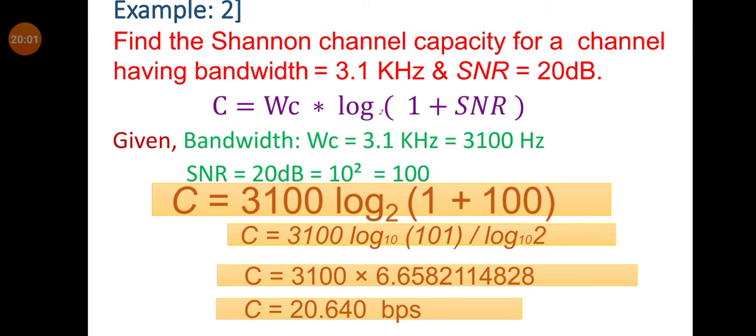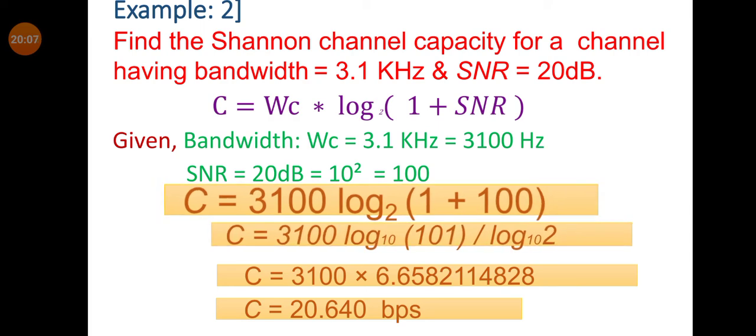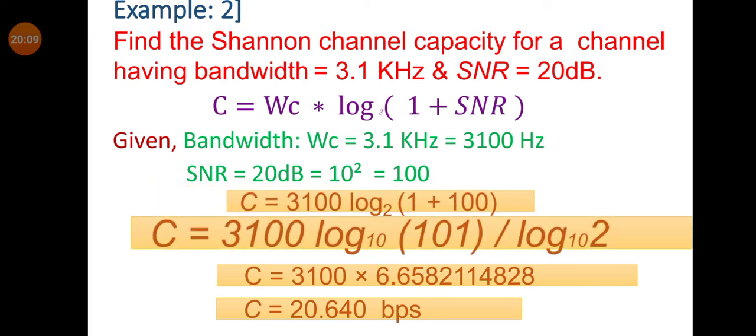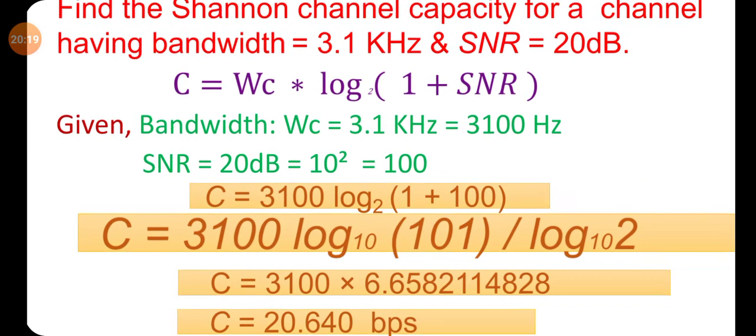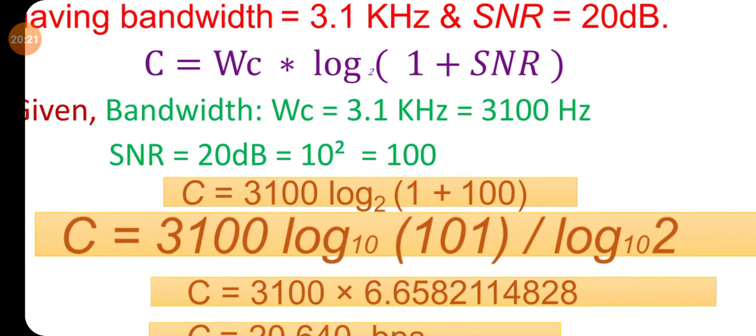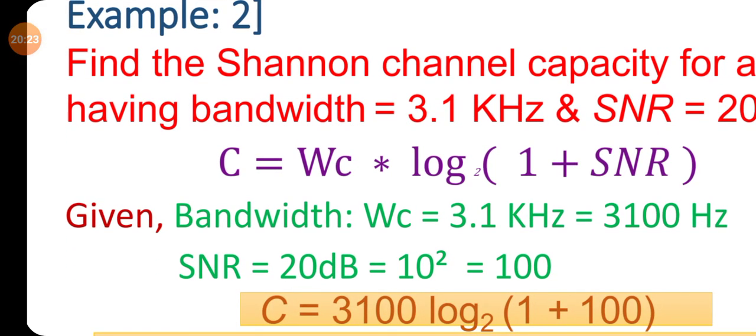So to convert log base 2 to log base 10, we divide it by log 2. Whatever may be the SNR, for every value, to convert base 2 to base 10, you can divide it by log 2.